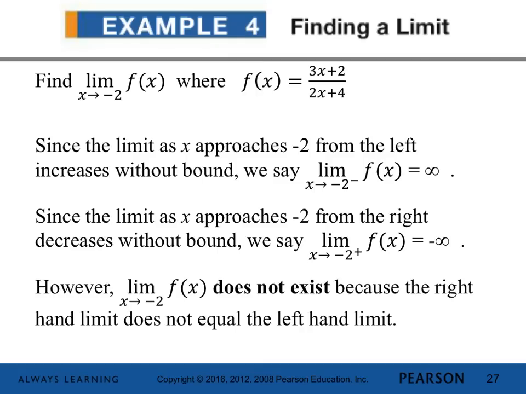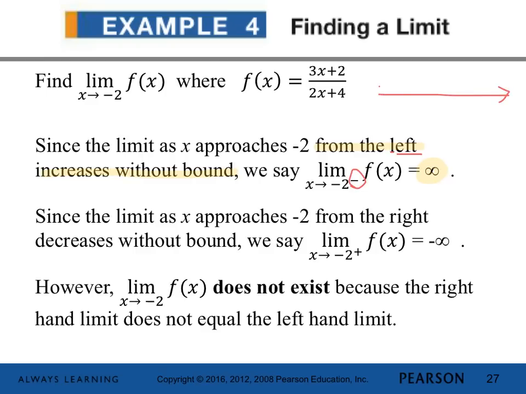So just to summarize what we've just said about this function, the limit as x approached -2 from the left increases without bound, which means that we're approaching positive infinity. And remember also that approaching from the left means that we are approaching from the negative side.